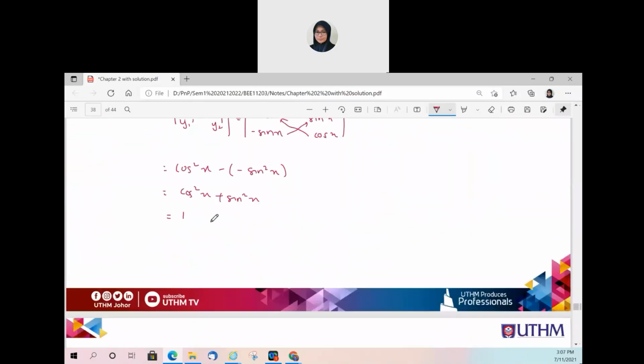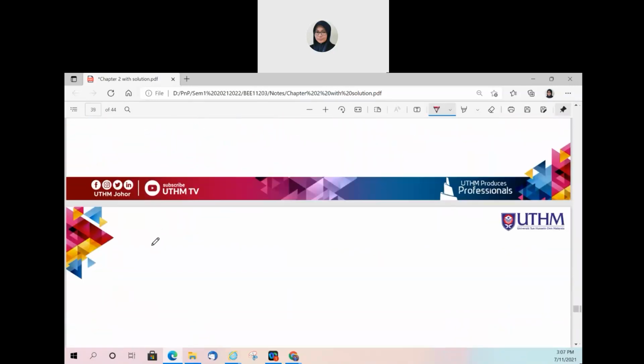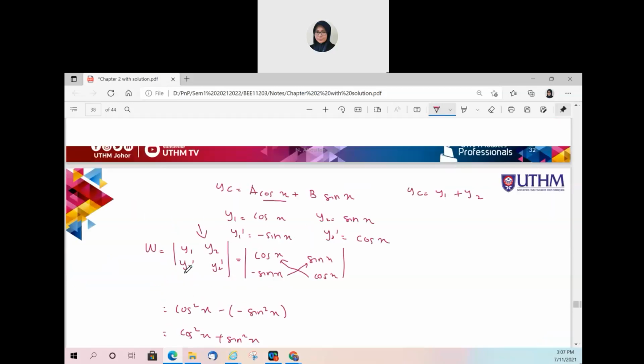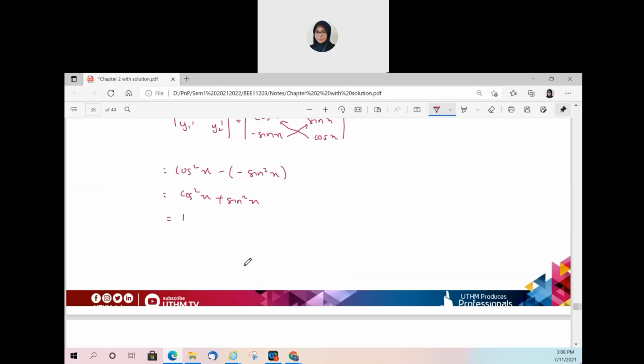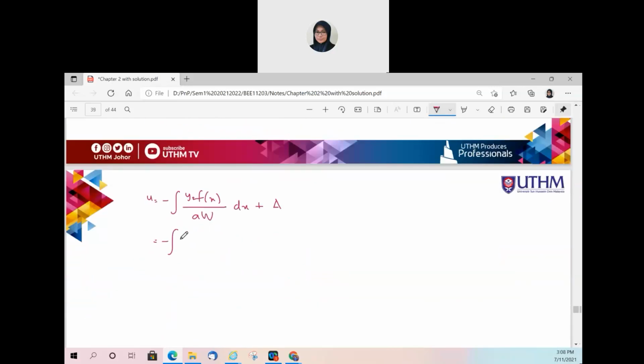So u equals minus integration y2 fx divided by aW dx plus constant a. y2 is sin x, times fx.